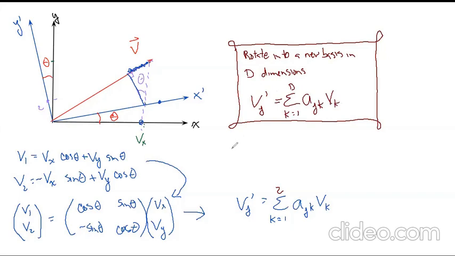Okay. And this thing, A_JK, you can call it a rotation matrix. The individual components are called direction cosines.